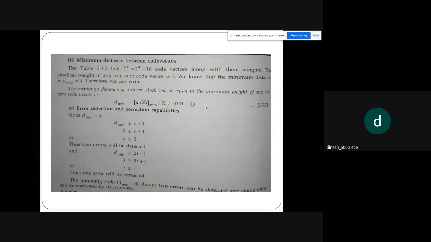The smallest weight of any non-zero code vector is 3. You can see from the table itself, there will be 16 code vectors. In that, the smallest weight of any non-zero code vector is 3. See here, leave the first one since we don't have any weights.